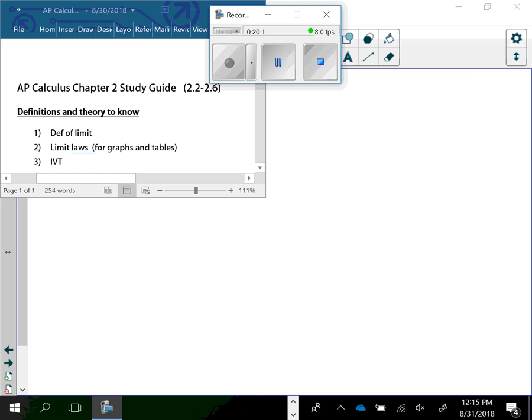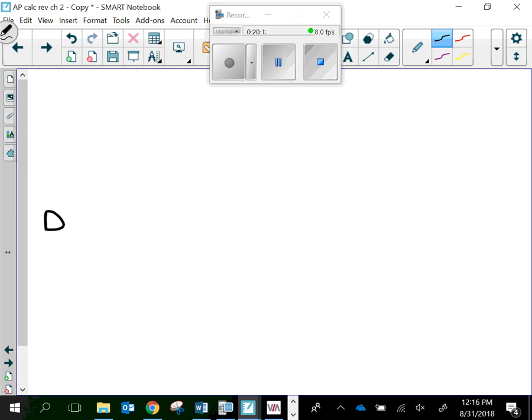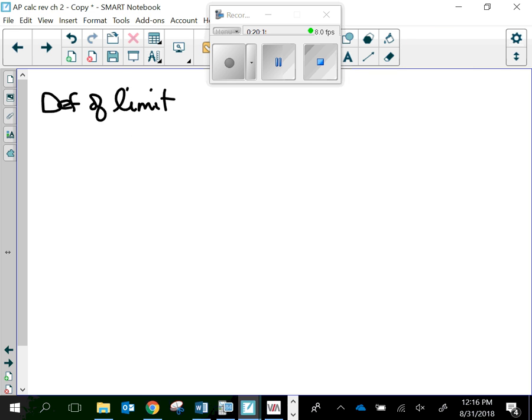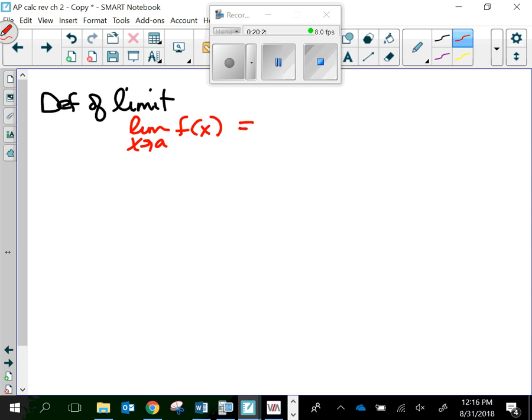The limit of x as x approaches a, where the things meet. Oh my God, everyone in the class. All right. So the limit of f of x equals capital L. That's the definition? That's like a formula.